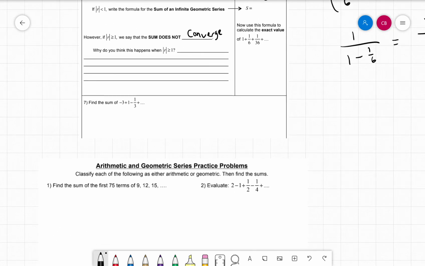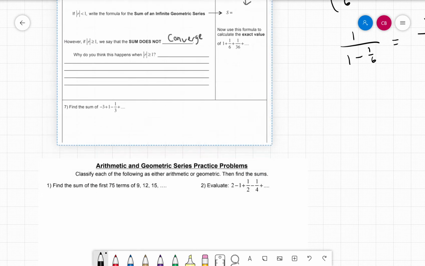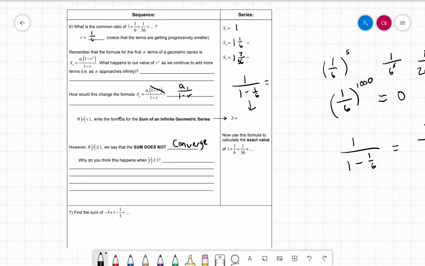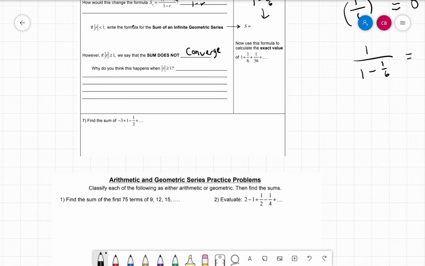The next one says find the sum of the following. In this one, they are dividing by -3, so r is equal to -1/3. a1 is equal to -3. This is infinite because it just shows dots.